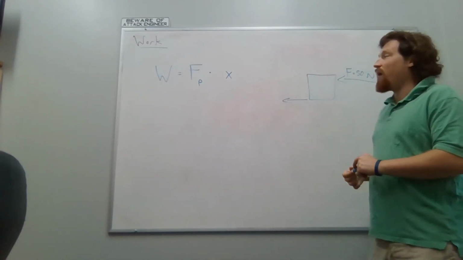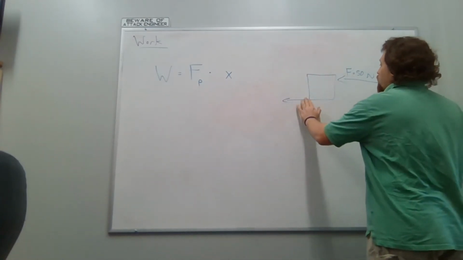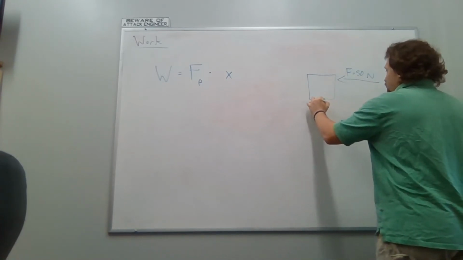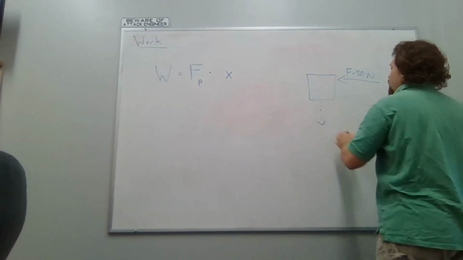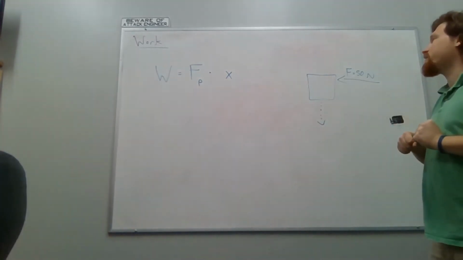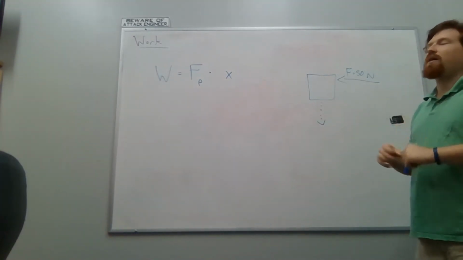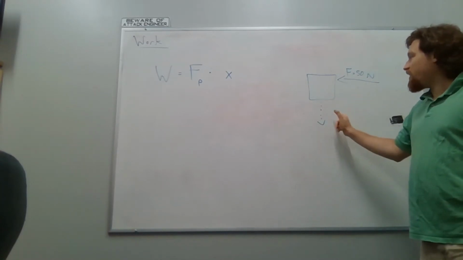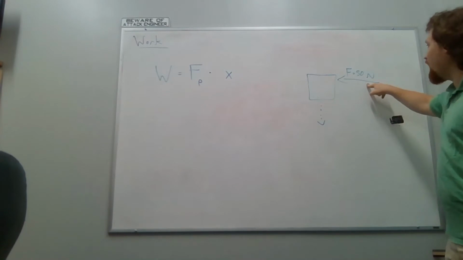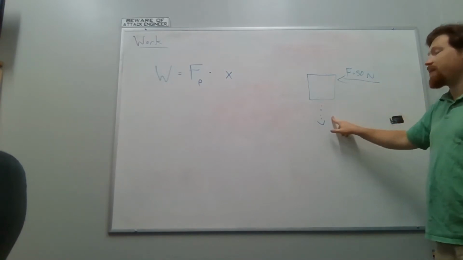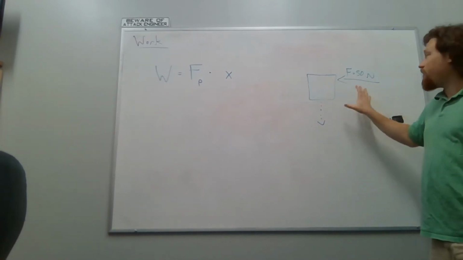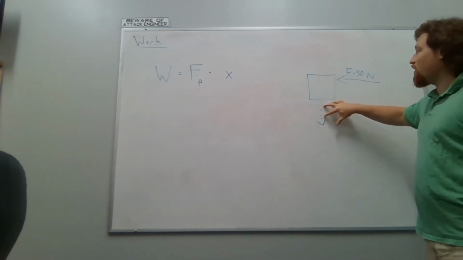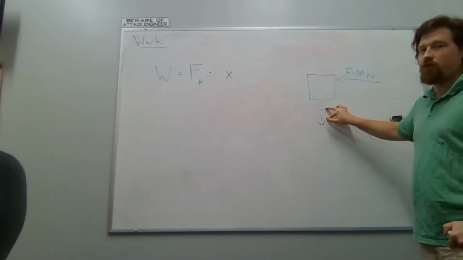The issue arises if a force is not parallel to the direction an object is traveling in. So let's say, even though I'm pushing the box to the left, for some reason the box is sliding downwards. This direction is not parallel to this one. These are perpendicular to one another. Because they are not parallel, the amount of parallel force to this direction is actually 0.